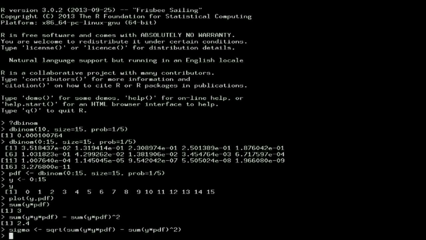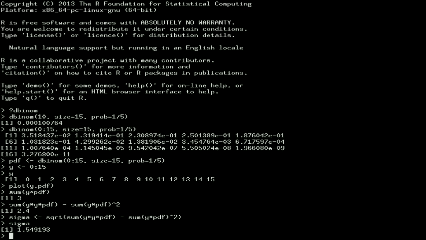Our standard deviation becomes the square root of that, which is about 1.549. So that kind of gives us an idea of the spread of our distribution. Now let's look at a little bit of random sampling from the binomial distribution.